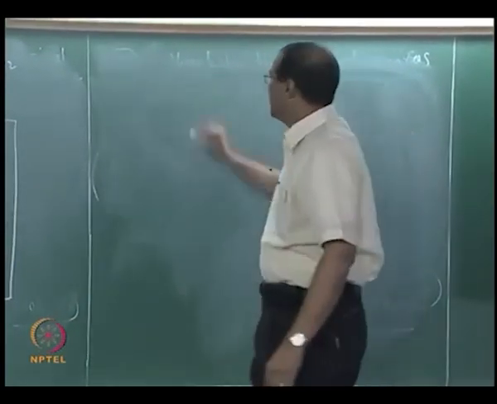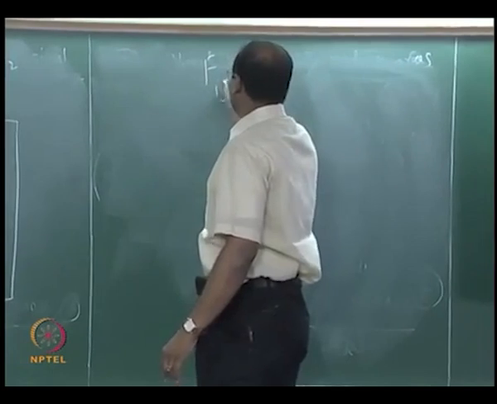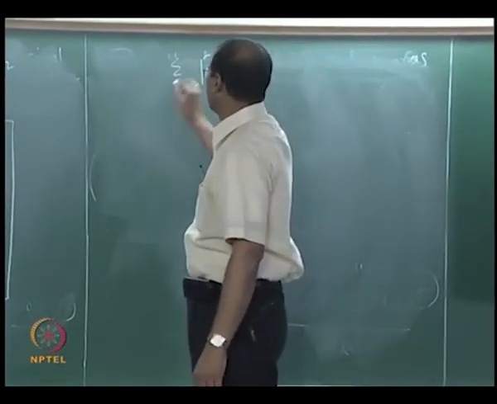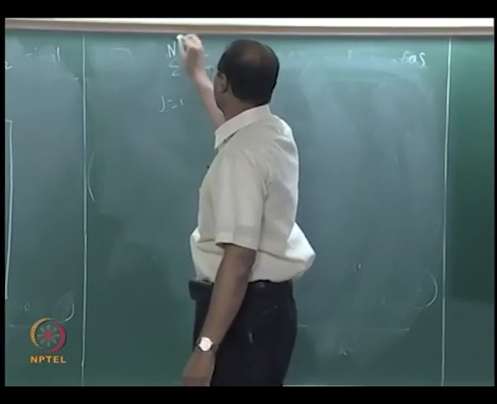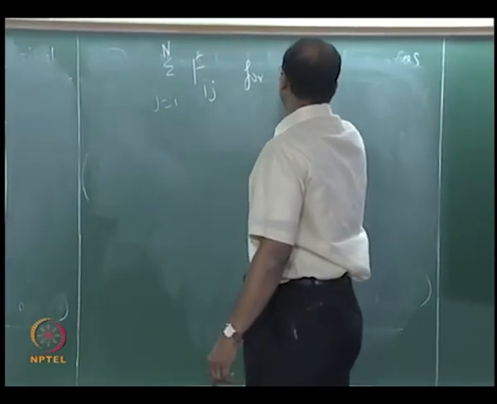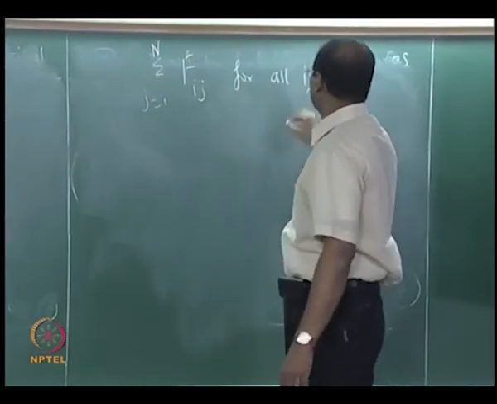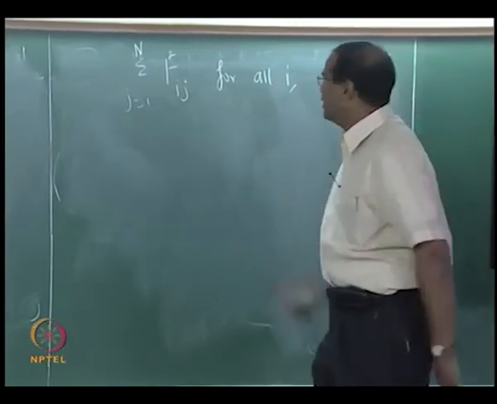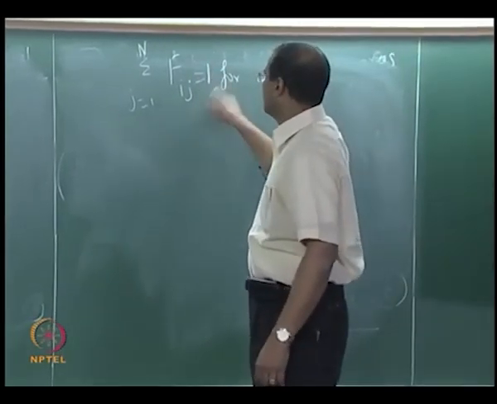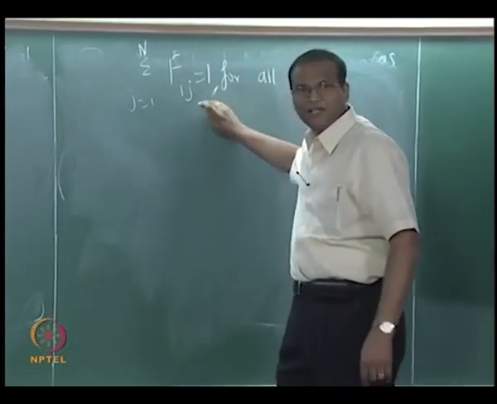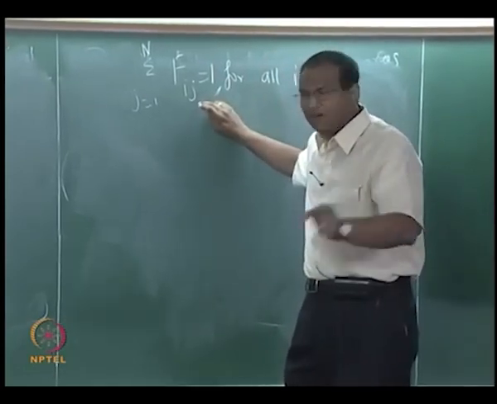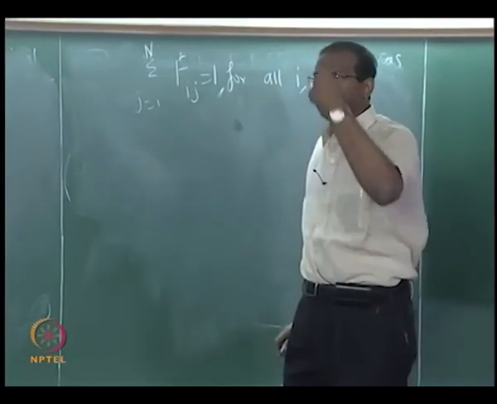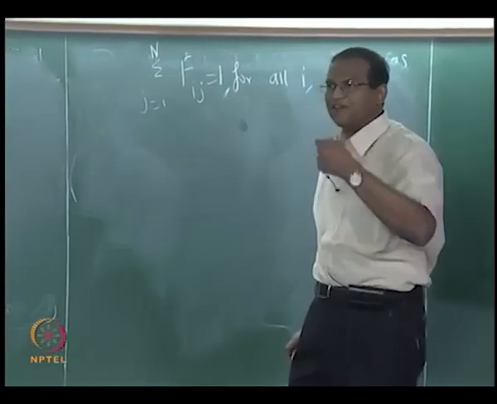Fine. Now please look at the board and tell me. What is this? Very good. It has to be 1 because this is an energy balance. From a surface 1, if there is a 5 surface enclosure, F11 plus F12 plus F13 plus F14 plus F15 must be 1.